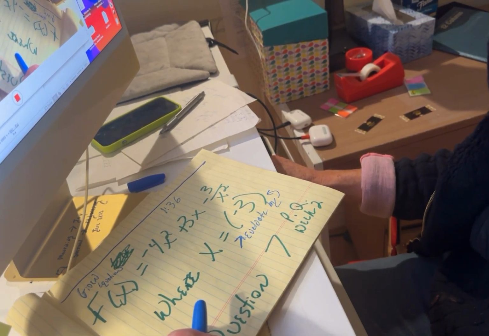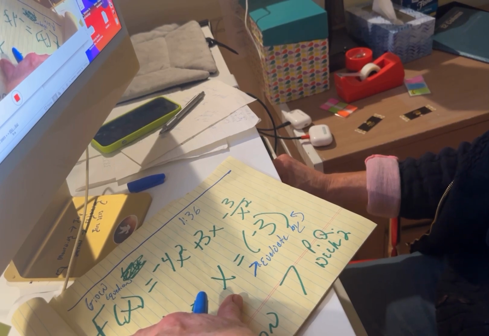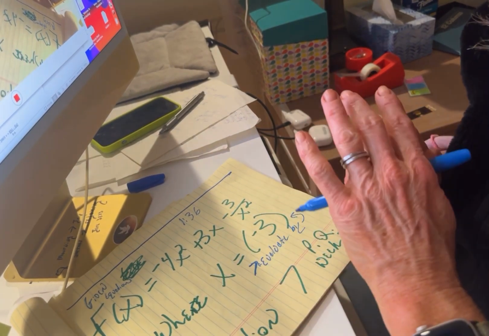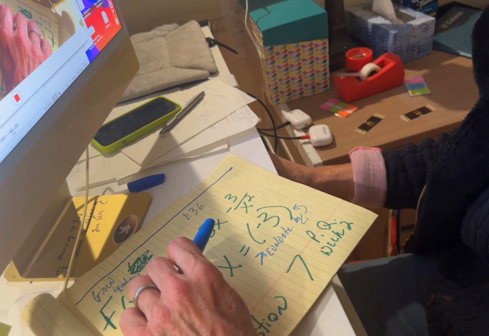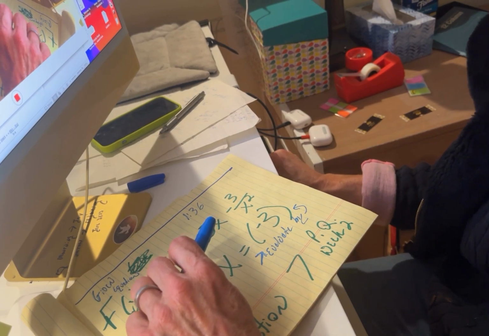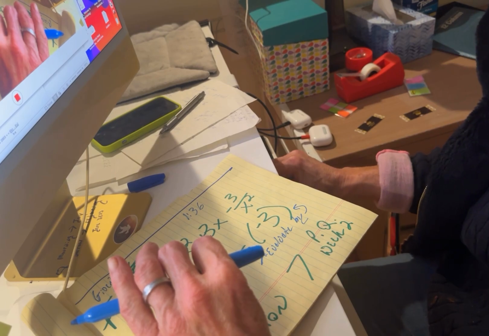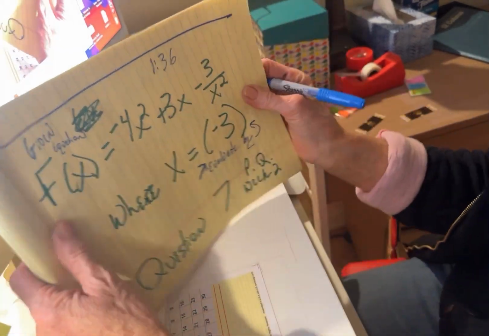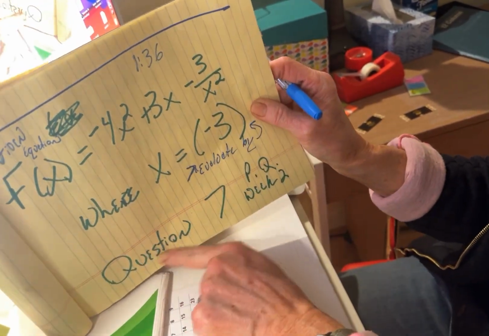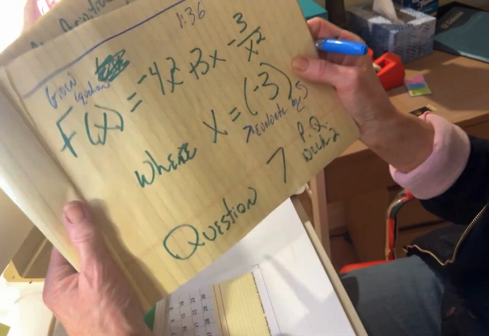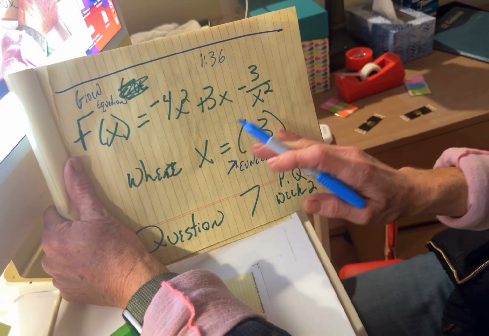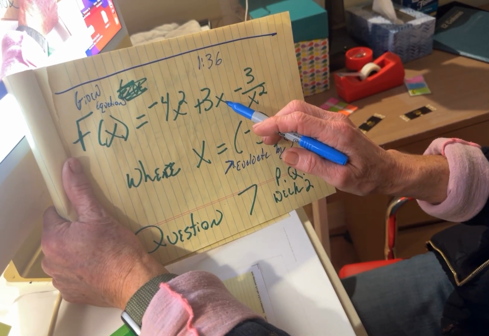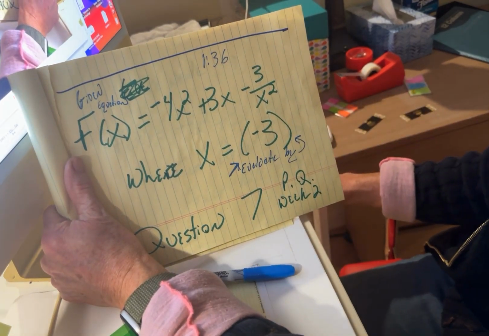Okay, sorry. Now I know where I'm at. This question comes from number 7, practice quiz, where we are given this equation, f of x equals negative 4x squared plus 3x minus 3 over x squared.